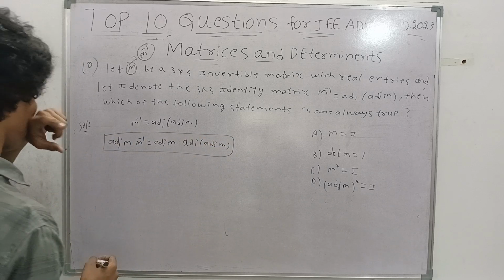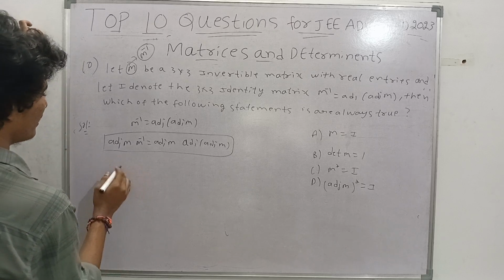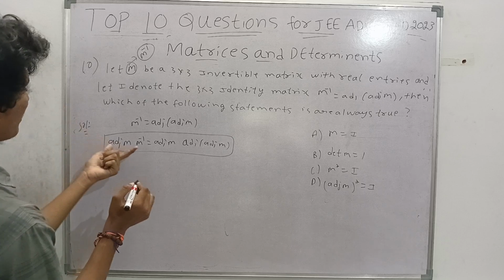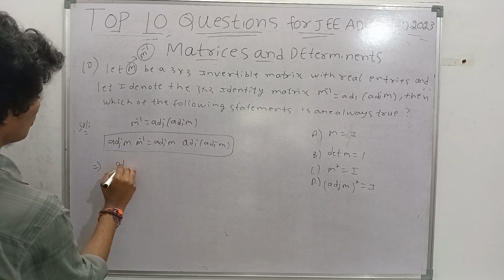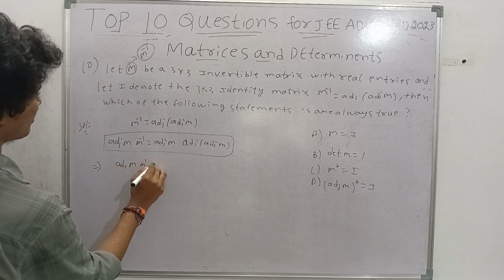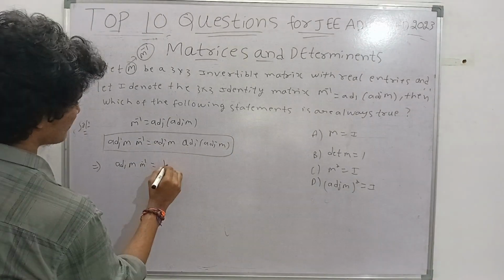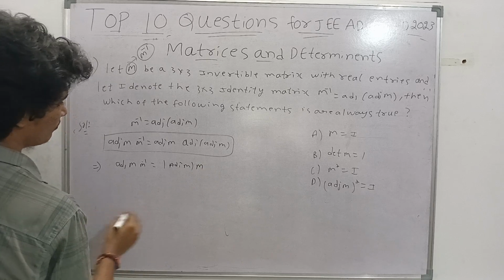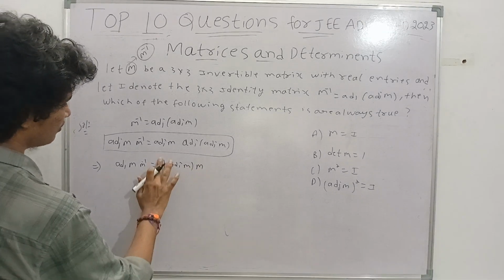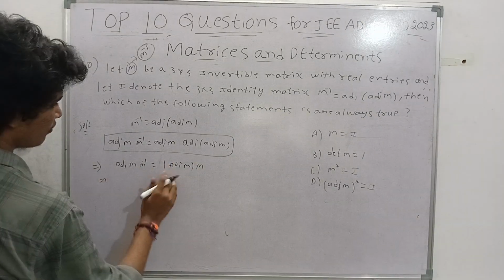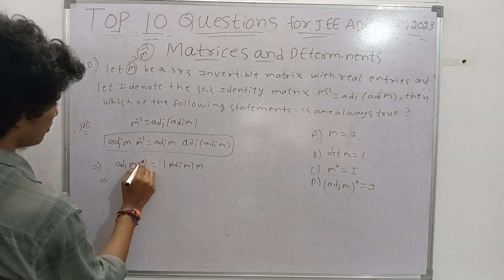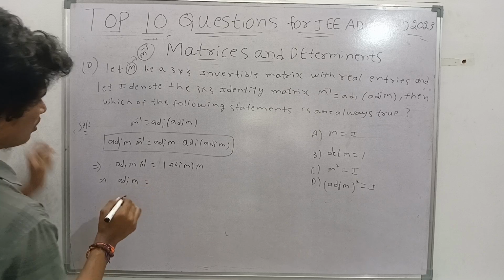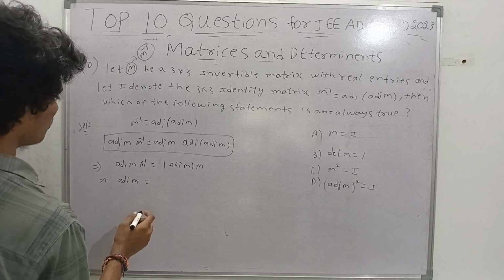And after that, adjoint M into M inverse equal to the complete thing we can write as mod adjoint M into M. This thing we can write, and we know that adjoint M equal to M inverse.